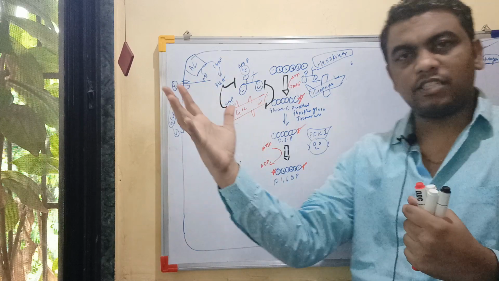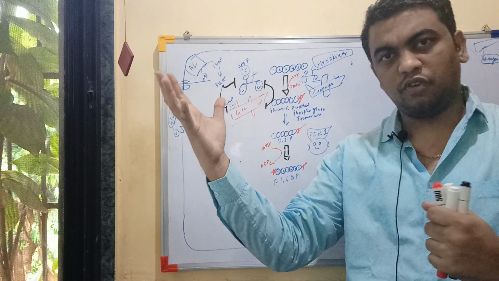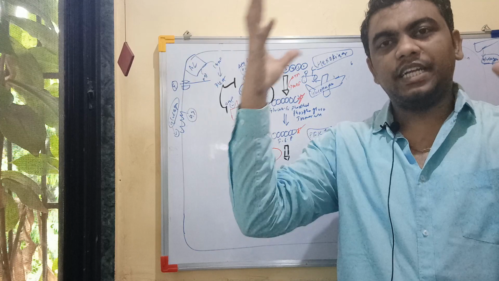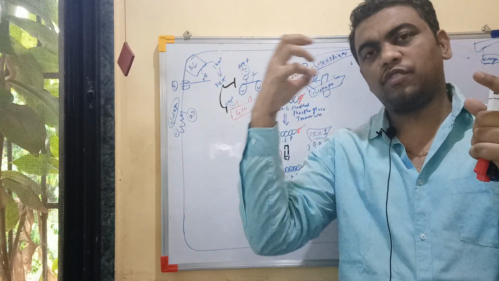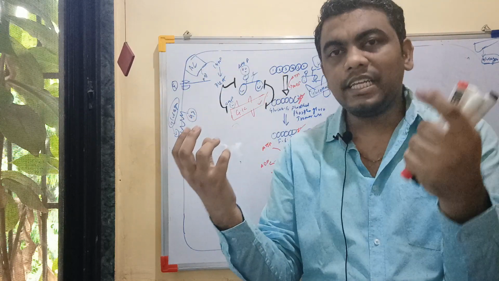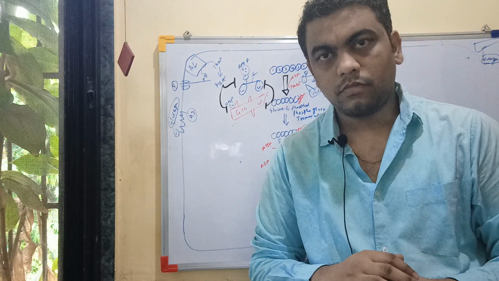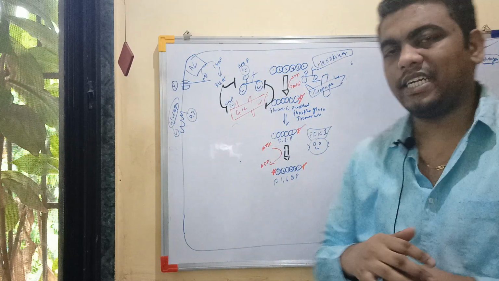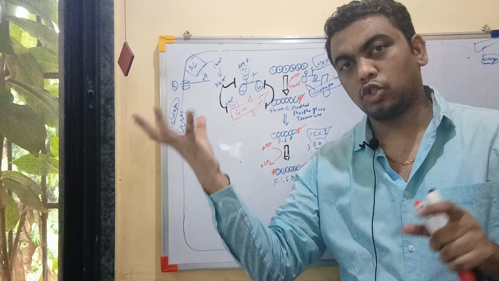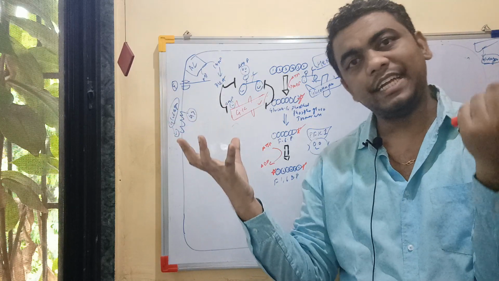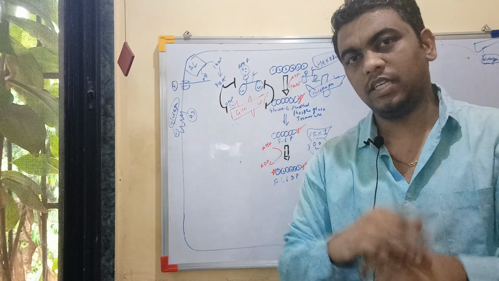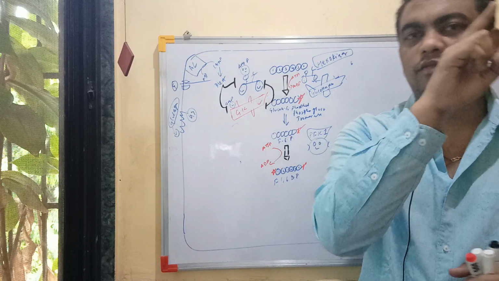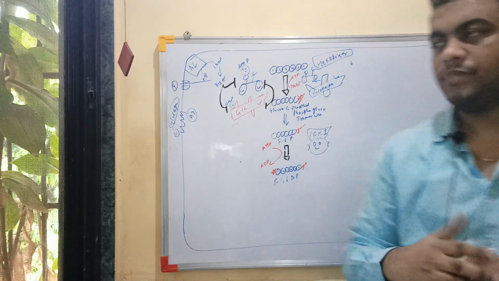From one arm it takes fructose 6-phosphate, it takes ATP, and it converts fructose 6-phosphate to fructose 1,6-bisphosphate and ATP to ADP. Exactly like that, hexokinase and glucokinase take glucose, convert it to glucose 6-phosphate, take ATP, convert ATP to ADP, and transfer the phosphate group from one molecule to another.